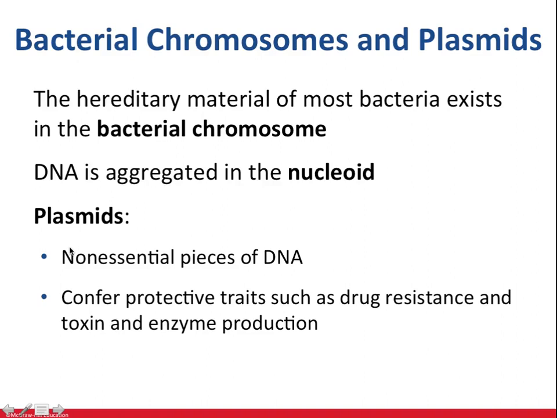The hereditary materials exist in the chromosomes. DNA is aggregated in the nucleoid. Since bacteria are prokaryotic, they are very small, so they don't have complex structures and don't need a bunch of hereditary information.